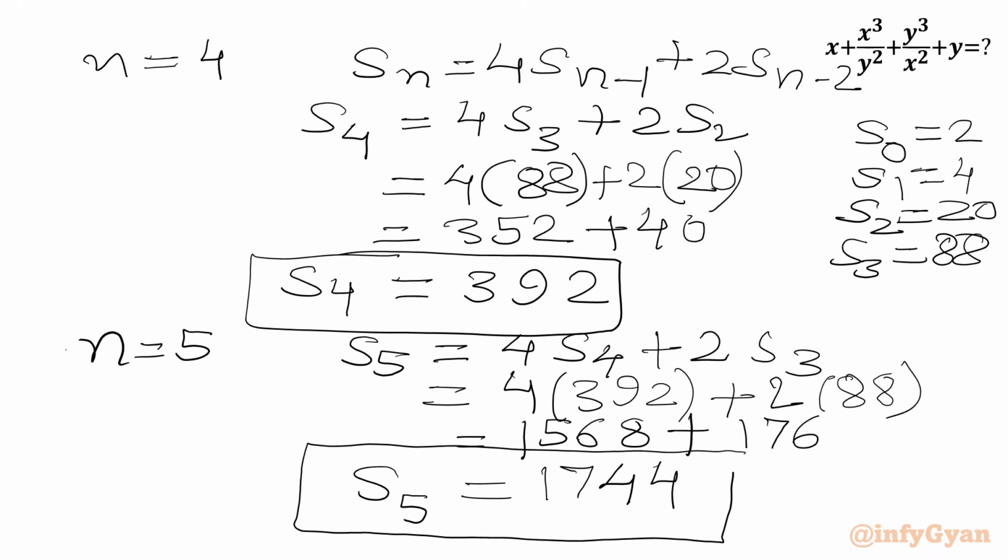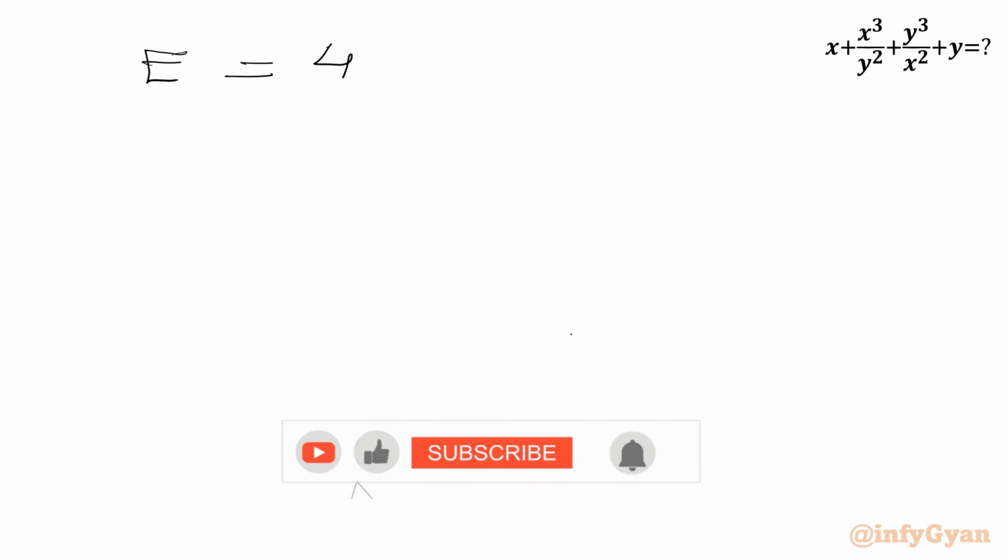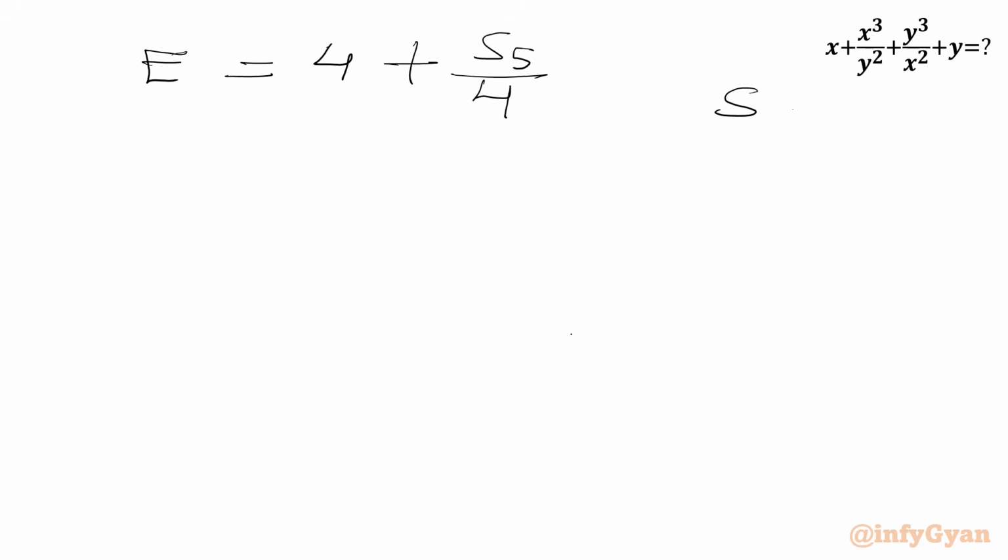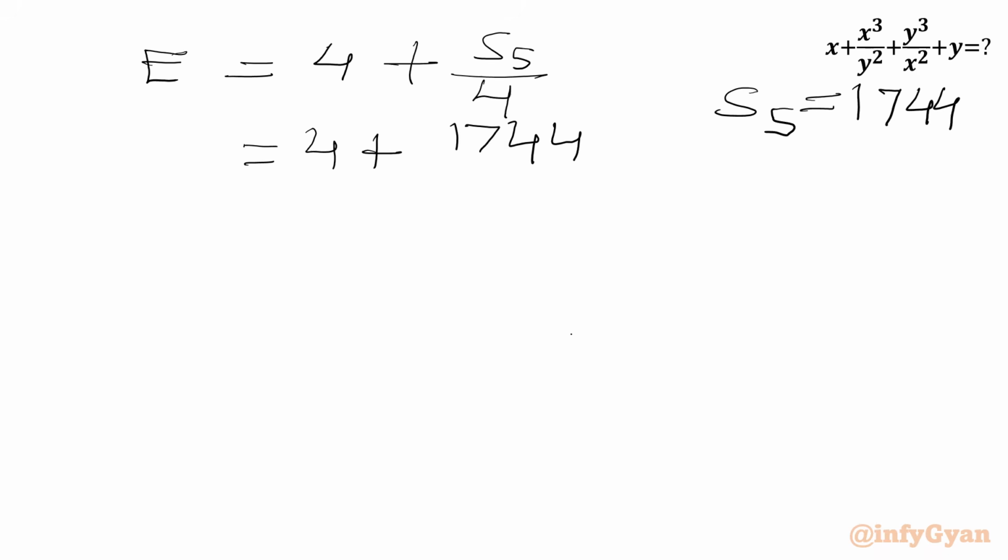S5 is known. Now we will calculate the required expression E. E is 4 plus S5 over 4, and S5 is 1744. Let's put 4 plus 1744 over 4.